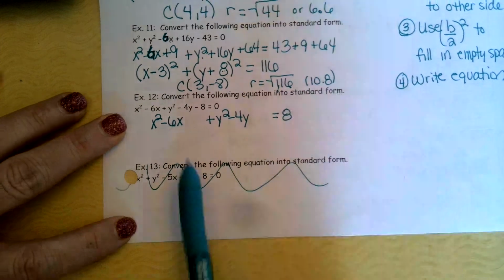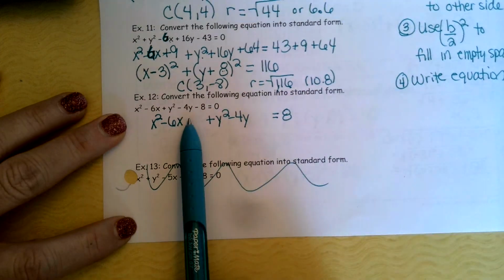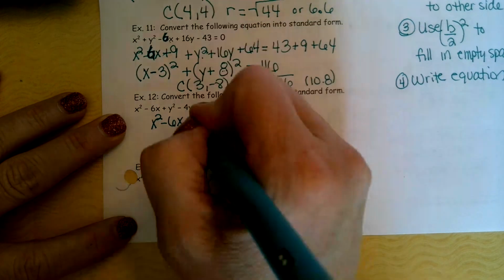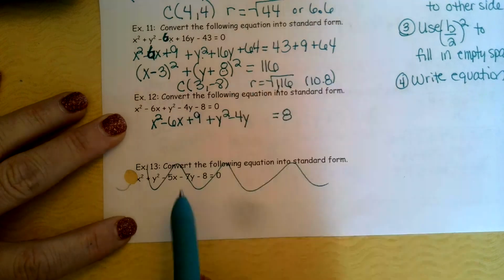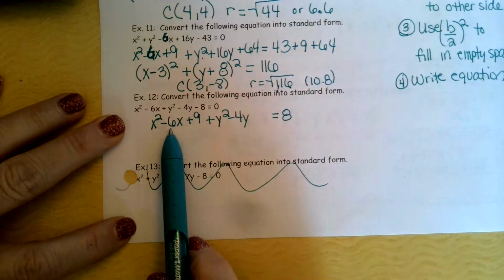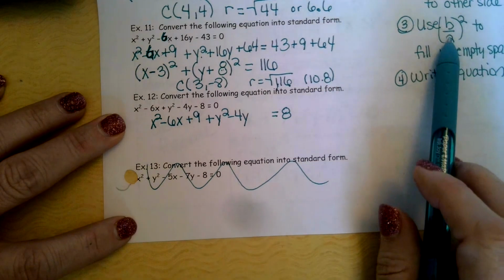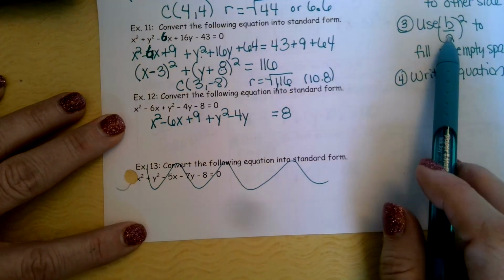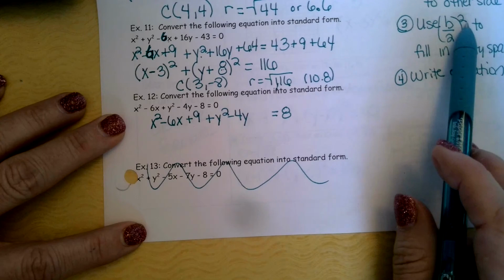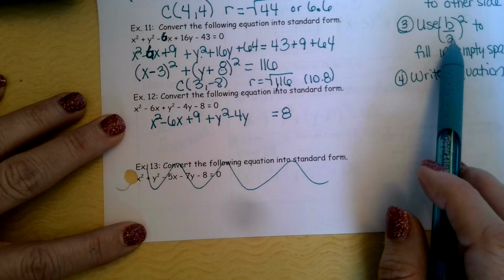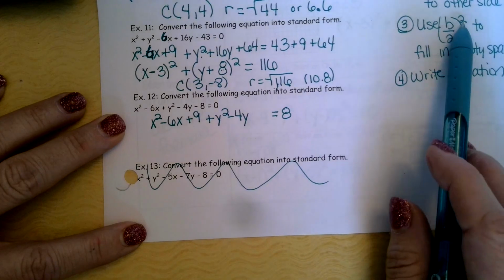My first question to you, what number goes right here? You should have put +9. So it is 6 divided by 2, which is 3. Remember, the negative doesn't matter because if you square the negative, it's going to disappear anyways. So 6 divided by 2 is 3. 3 squared is 9.